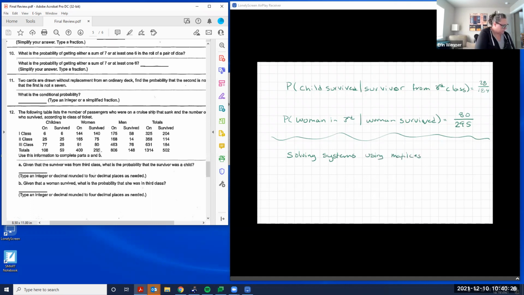And there's another one, conditional probability, like what we have here.